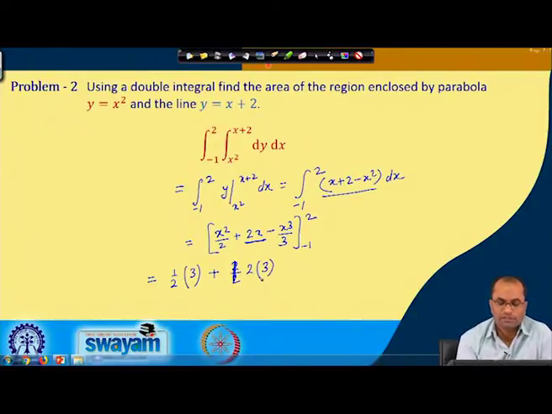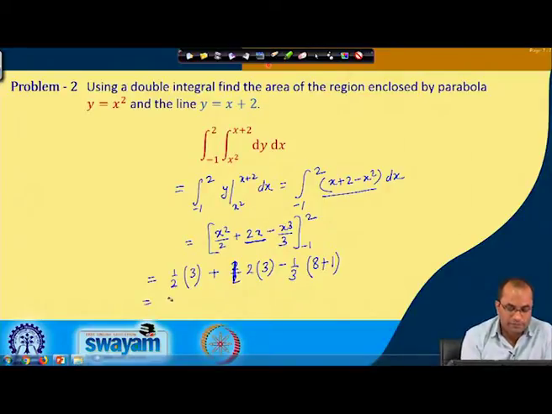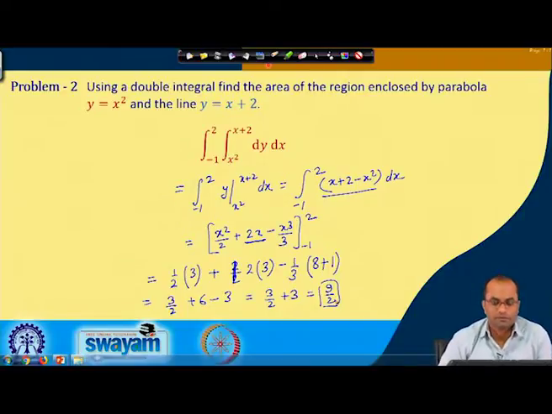So, this will be 3, and minus this 1 by 3, and we have this 8, and plus again this will be added, because this minus 1 to the power 3 will be minus again. So, here we get 3 by 2 plus this 6 and minus 3, that means 3 by 2 plus 3, and 6 plus 3 is 9 by 2. So, this area enclosed by these 2 curves now is 9 by 2.